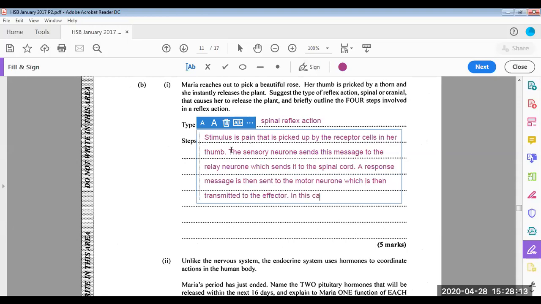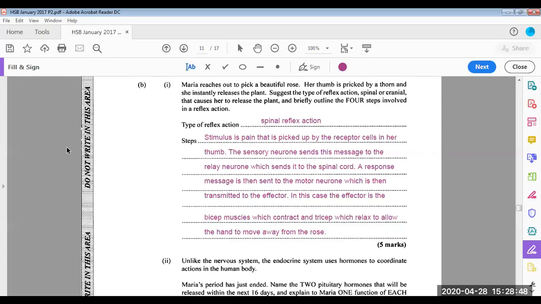In this case, the effector is the bicep muscles, which contract, and tricep, which relax, to allow the hand to move away from the rose. Full stop. Look how detailed my answer is.